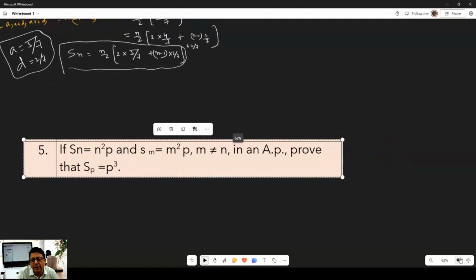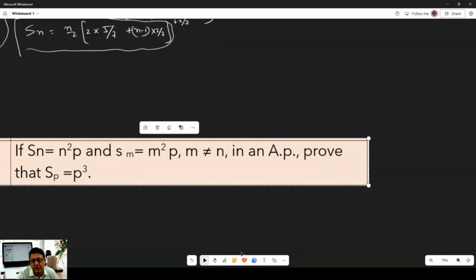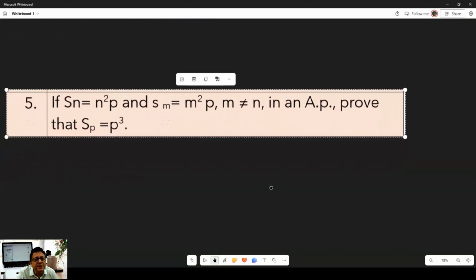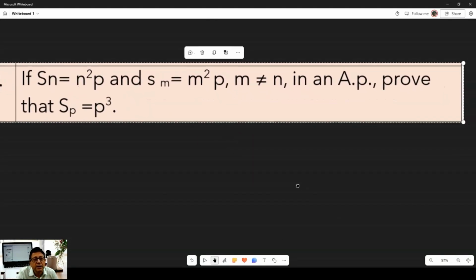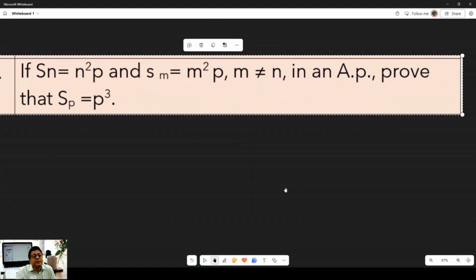Given Sn, meaning of Sn you know, sum of n terms. Sum of n terms is n square p and sum of m terms is m square p. Prove that Sp equal to pq.